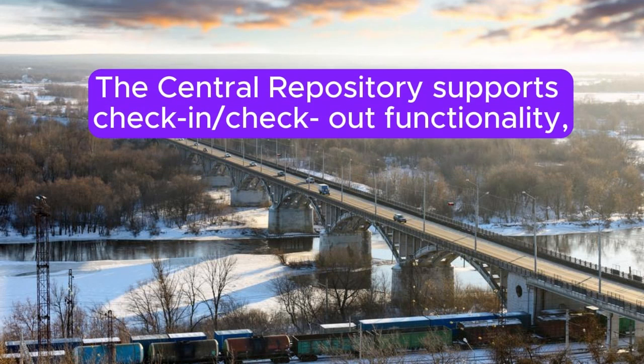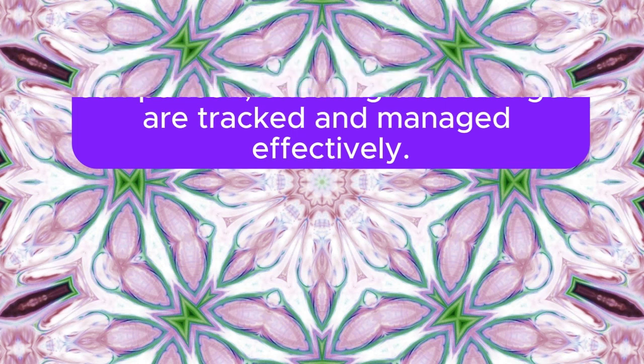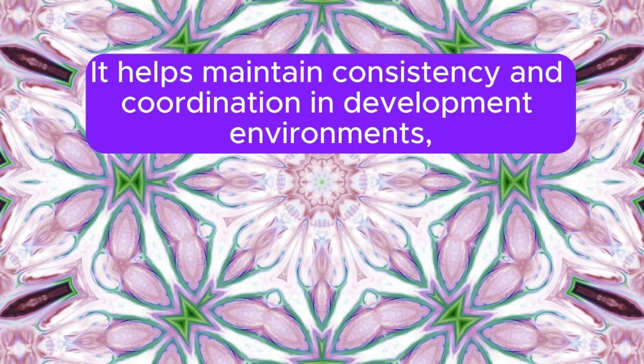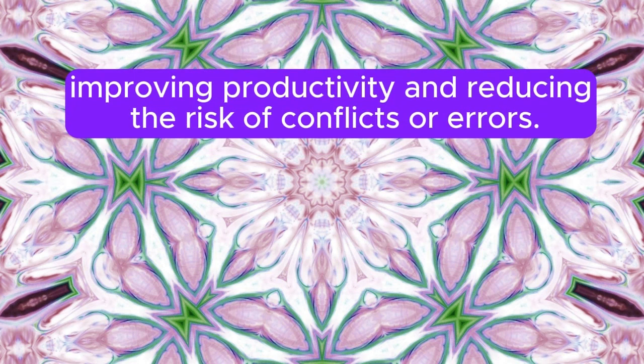The central repository supports check-in and checkout functionality, version history, and object comparison, ensuring that changes are tracked and managed effectively. It helps maintain consistency and coordination in development environments, improving productivity and reducing the risk of conflicts or errors.